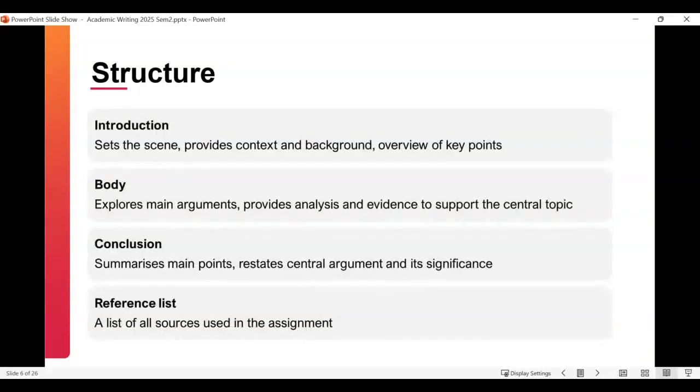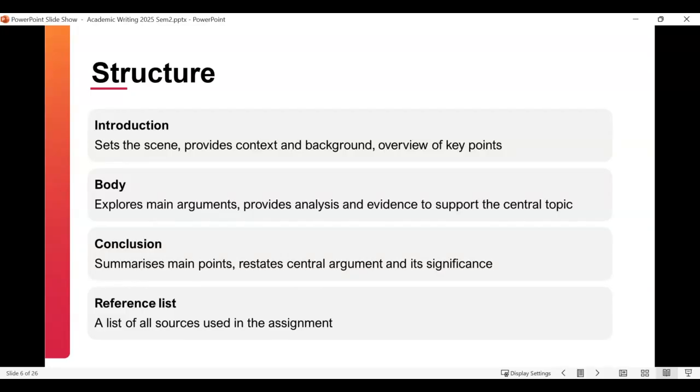Okay, so usually the structure, like I said before, has an introduction and a conclusion. The introduction you would usually use to set the scene. You would basically tell the reader what this piece of text is about, and you might also give an overview of what's going to come next. Then you have the body of your text, which is the main arguments, the analysis, the evidence, whatever answers you're going to give to the question that is asked.